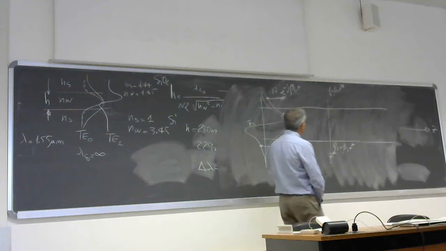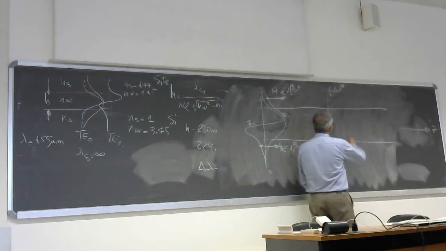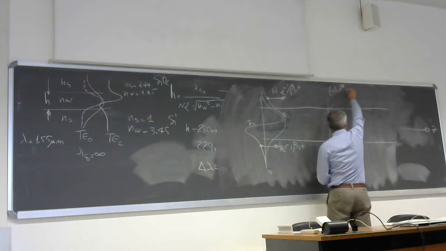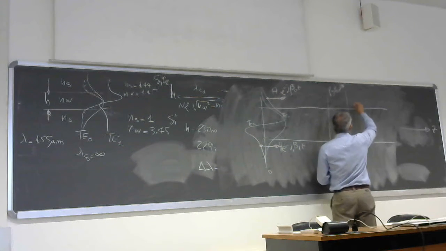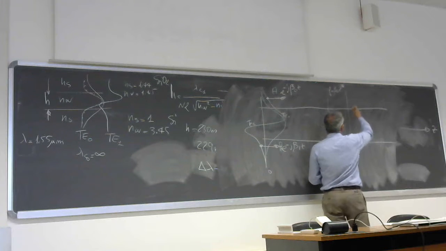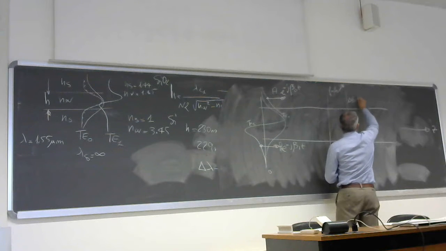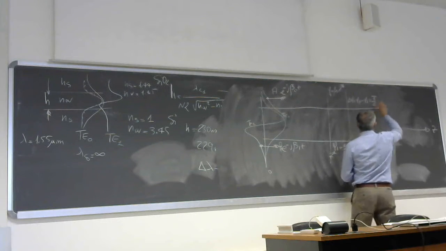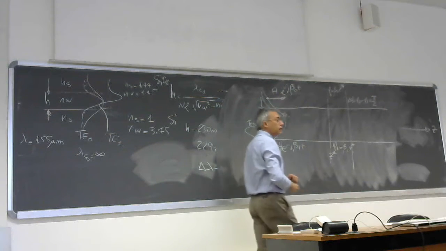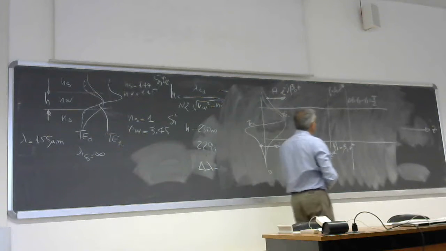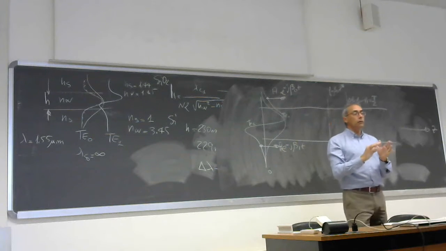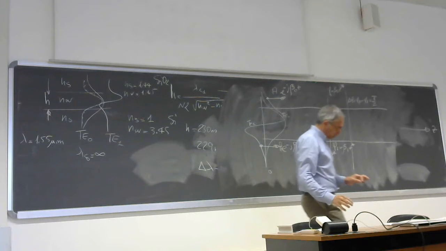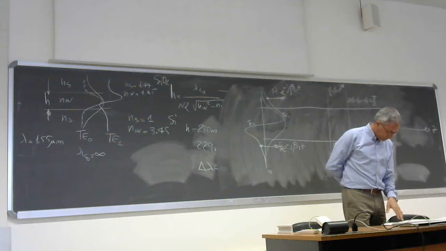So at some point, for example in this position, delta phi, phi 0 minus phi 1, is equal to pi.